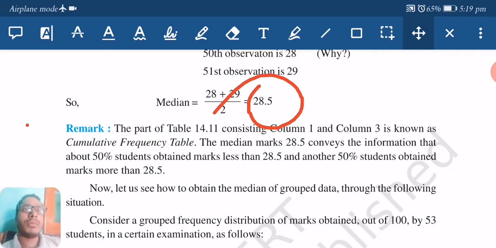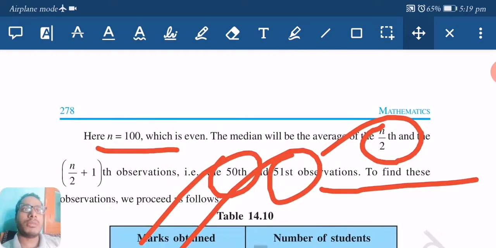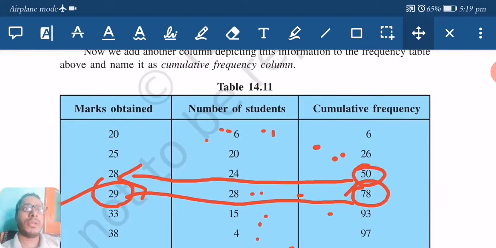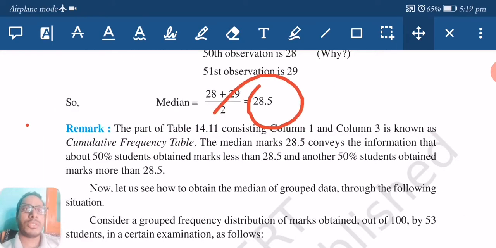The table you saw just before, 14.10, and this is 14.11, with number of students and cumulative frequency. Altogether this kind of table is called a cumulative frequency distribution table, or cumulative frequency table.